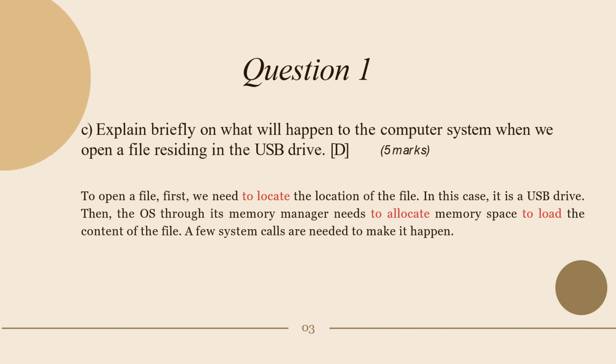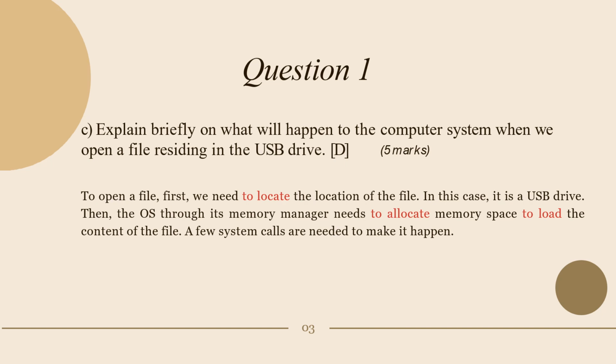Now, I'm gonna tell you how you can score 5 marks for this question. And the question is, explain briefly what will happen to the computer system when we open a file residing in the USB drive. And this is how we're gonna answer it. To open a file, first, we need to locate the file.